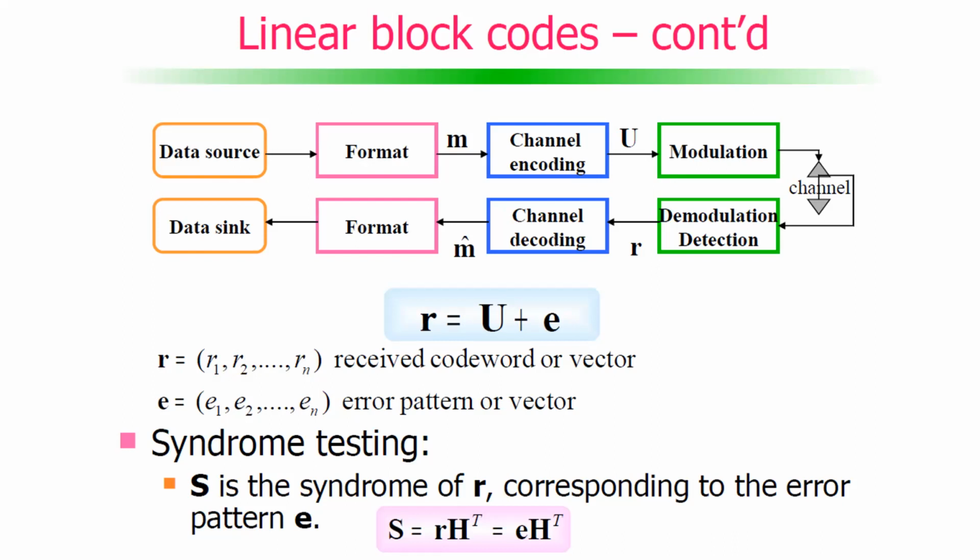So that bit will be in error. So R equals U plus E: the received vector is the transmitted vector plus the error vector or error pattern. This is my received vector with elements R1, R2, up to Rn, the received code word.